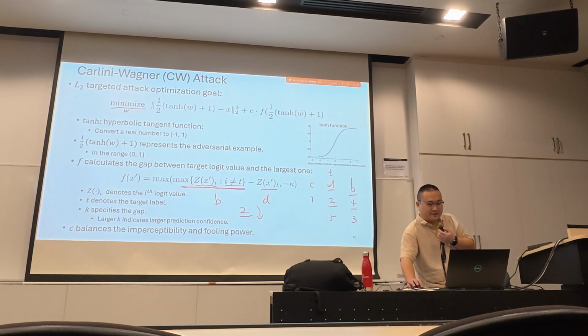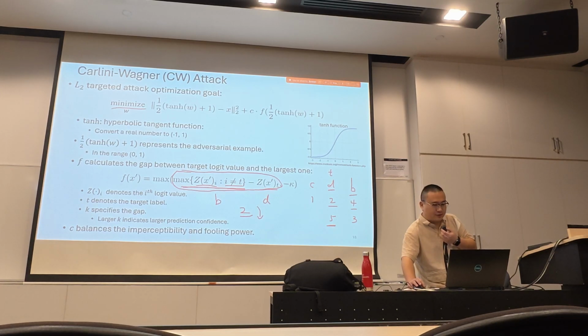At this time, we change the prediction from bird to dog, because now the largest logit is our target logit, and we succeed. So this is what happens when we optimize the internal max.